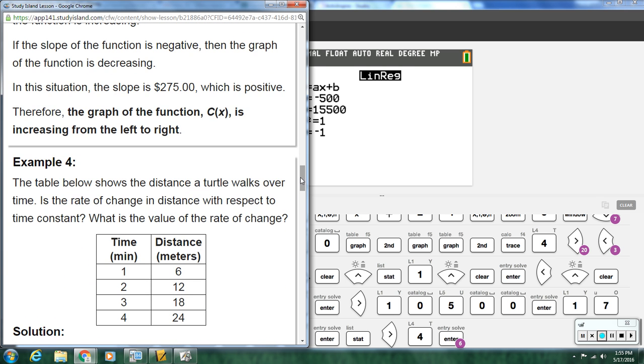Please tell me what's the first thing you do. Put these points in your calculator. I'm not even reading the question. First thing I'm doing is putting these points in my calculator. So put them in there. L1, L2. Anytime you're given a table, that should be your first hint.